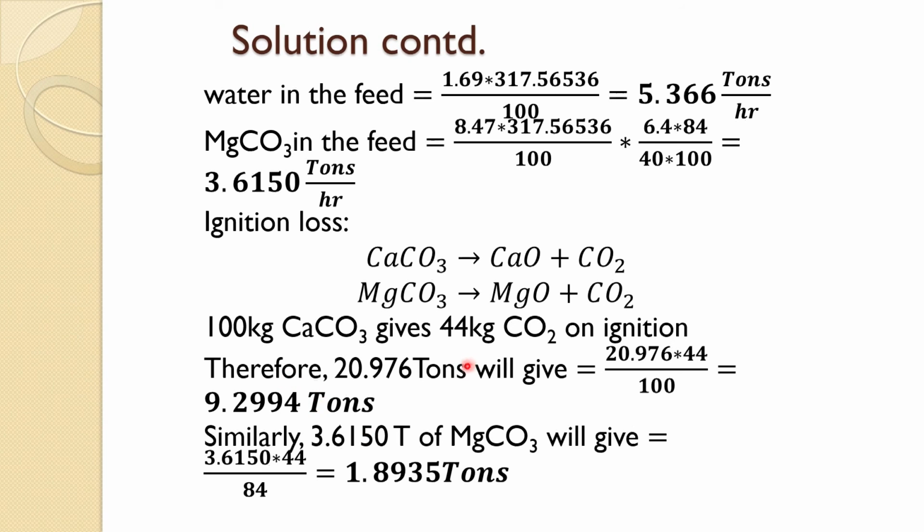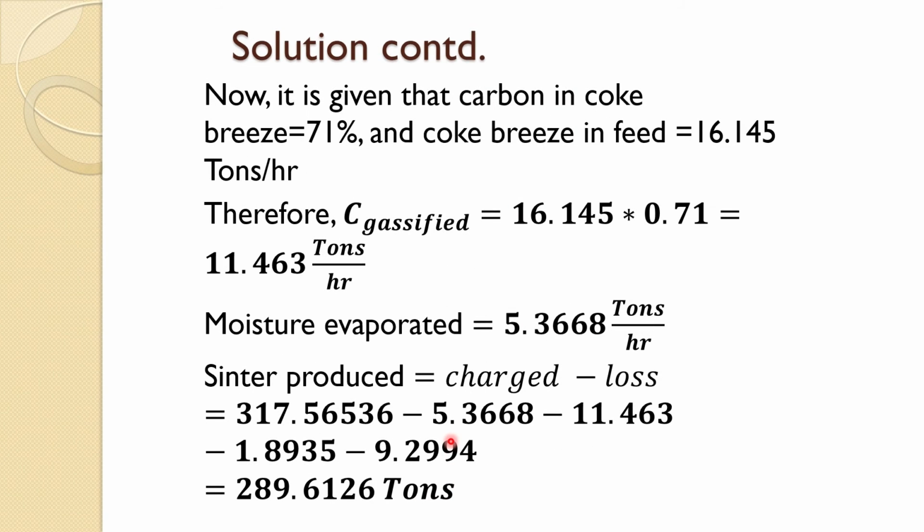So, therefore, this many ton will give us about 9.23 tons of CO2. Similarly, we can calculate for magnesium carbonate the CO2 which would be going away. So, that would be the ignition loss.